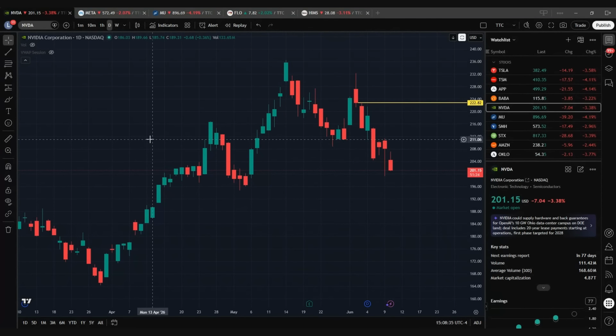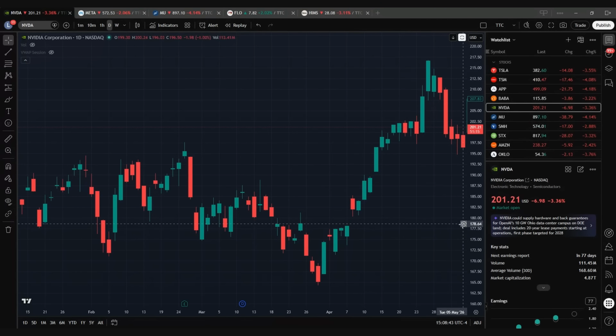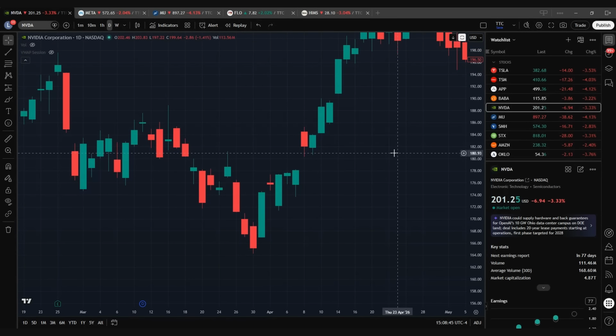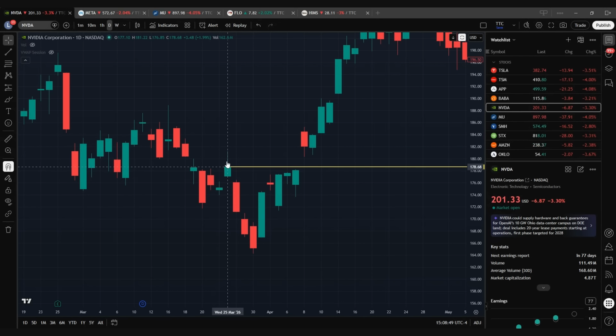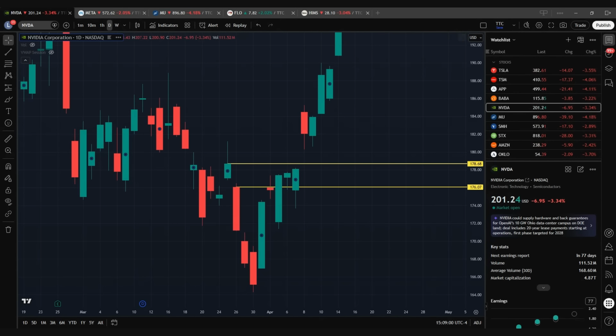So today we're talking a little bit about gap fills, right? And let me show you what gap fills are. So basically, if we take a look at this chart of Nvidia, a gap is formed when price, in this example, closes here around 178.68, but the next day opens at a different place further away, creating this gap here.